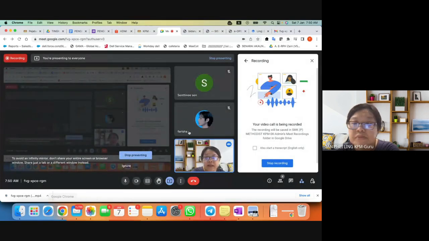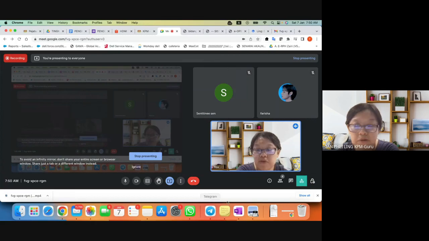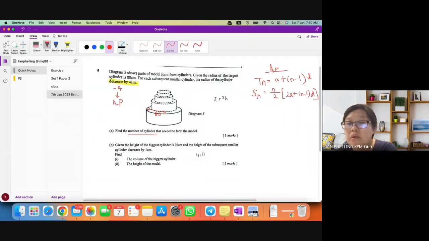The second one means they want to ask you for the sum. It could be the sum of height, or the sum of anything. In this chapter, progression doesn't run far from these two, especially for AP.